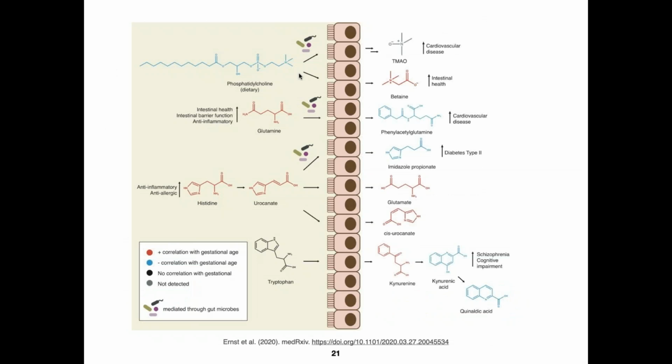On this note, we also found amino acid-derived compounds that were significantly related to gestational age, and some of those were previously described to be modulated by bacteria in the gut. And some of the metabolites that are highlighted in blue here that were more predominantly abundant in very premature babies were previously also associated to diseases that can be late consequences of preterm birth, such as cardiovascular disease, diabetes, and schizophrenia or cognitive impairment.